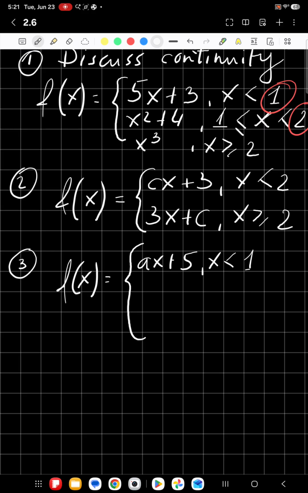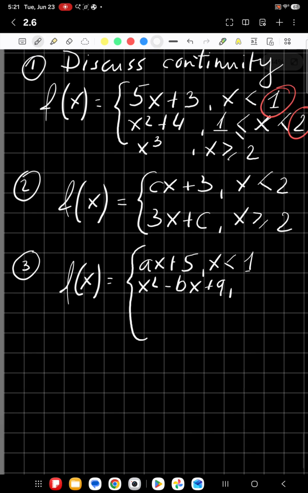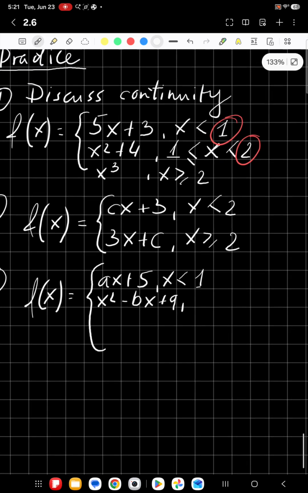Then we have x squared minus bx plus 9. And I hope I can fit it here. Hold on.